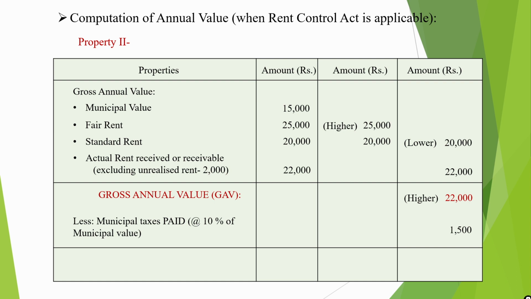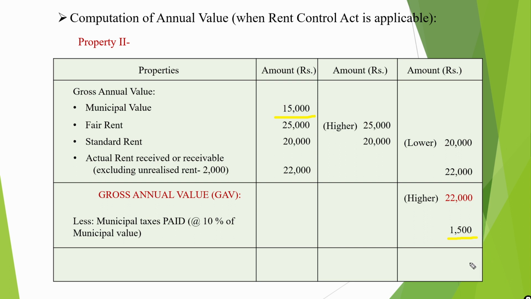Now in case of house property second, municipal value is 15,000, and on this 15,000, 10% municipal taxes is rupees 1,500. You have to deduct that 1,500 municipal taxes from gross annual value.